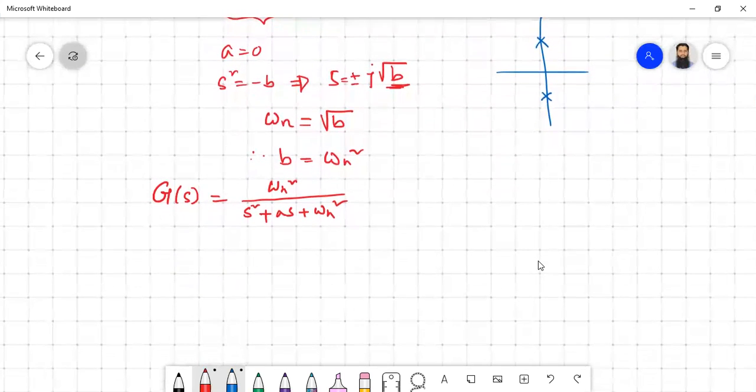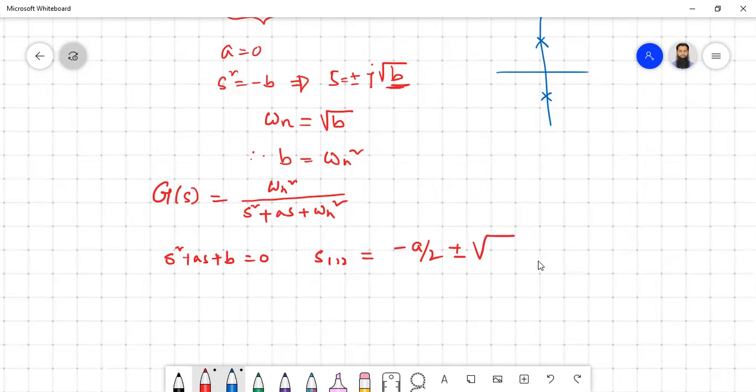Now we also have seen the equation that we had previously, s squared plus a s plus b. If from this one we try to figure out what s1,2 was, we have seen that it was minus a by 2 plus minus root over a squared minus 4b, divided by 2.